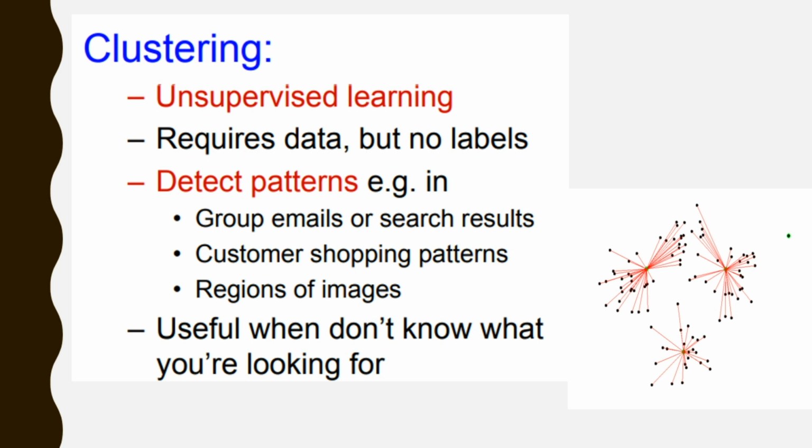It even helps in identifying regions of images, so in a particular location you could cluster the images of similar locations. Clustering is very useful whenever you do not know exactly what you're looking for, or when you would like to gather a huge collection of information.